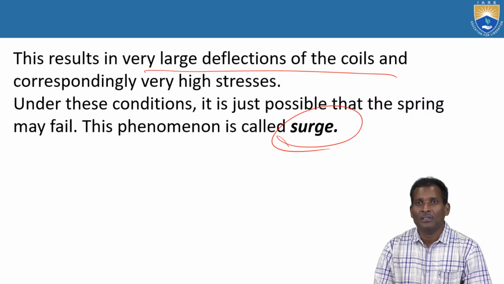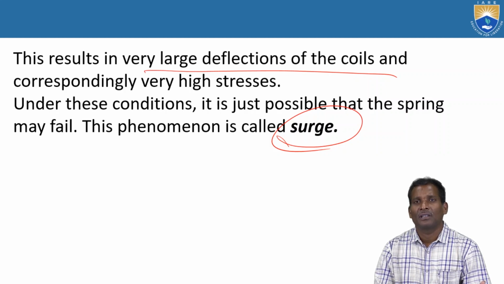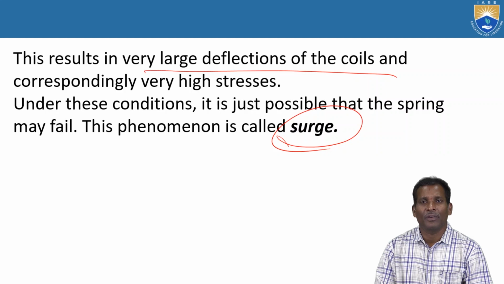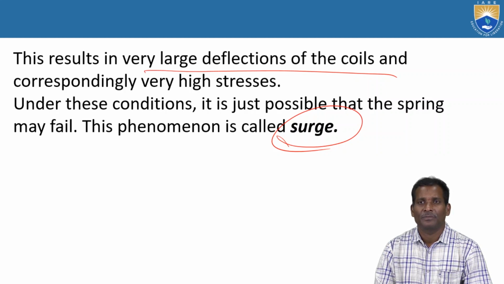It means some resonance will occur in the spring. Resonance you already know: whenever the frequency of the object matches the external frequency, the component will fail. So the vibrating body frequency must be kept away from the external frequency.